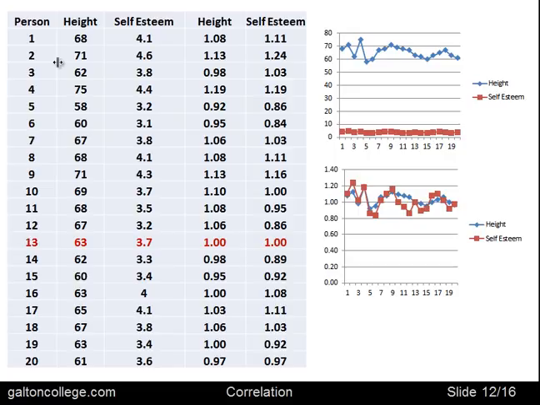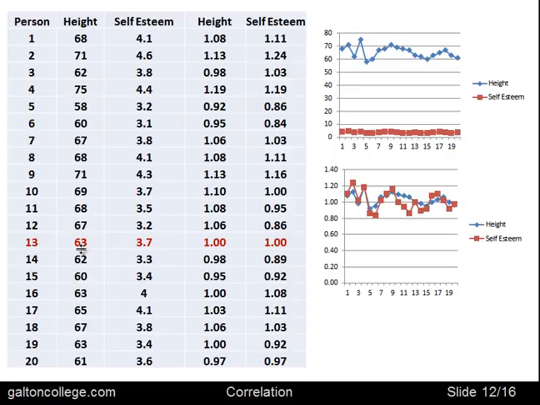So we can pick any person along here. Let's just pick person 13. It could be any person, doesn't matter. So we'll pick person 13 who's got a height of 63 centimeters. Now if we divide all the others by 63, we'll get an index.